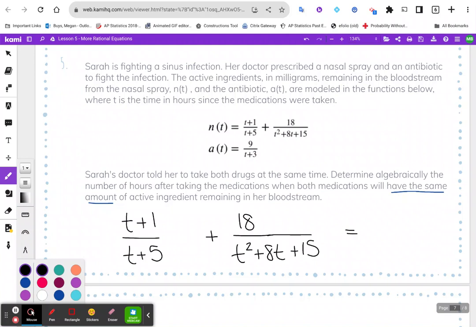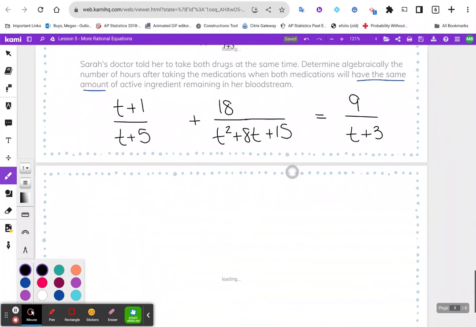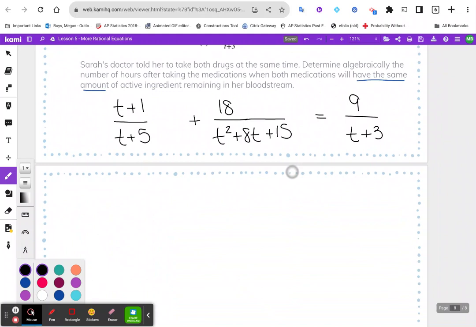It's equal to 9 over t plus 3. Because after I get through that first part of recognizing what it wants me to do, then it's the same thing of everything we've been doing here.